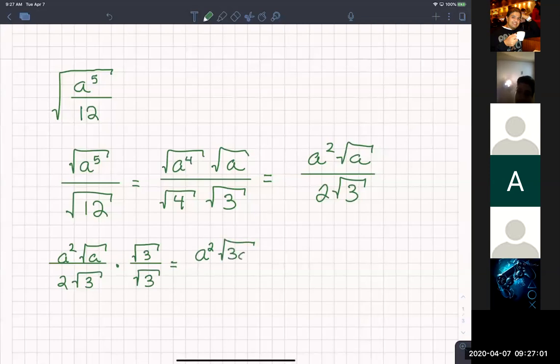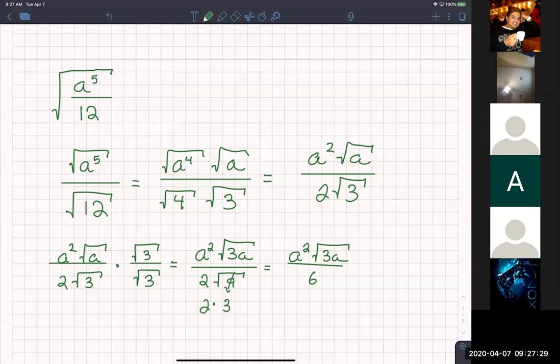And remember with multiplication, we multiply what's on the outside and we multiply what's on the inside. Y'all remember that? Okay.